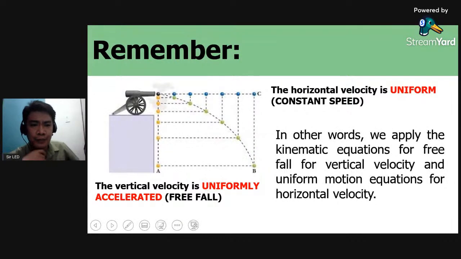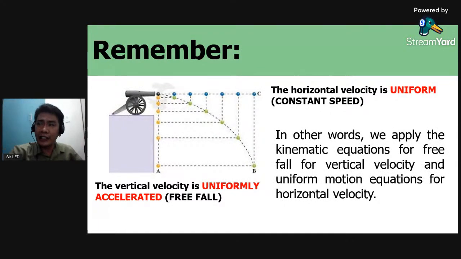In other words, if the horizontal velocity is uniform motion and the vertical velocity is uniformly accelerated free fall, we can use the kinematic equations for free fall for vertical velocity and uniform motion equations for horizontal velocity.